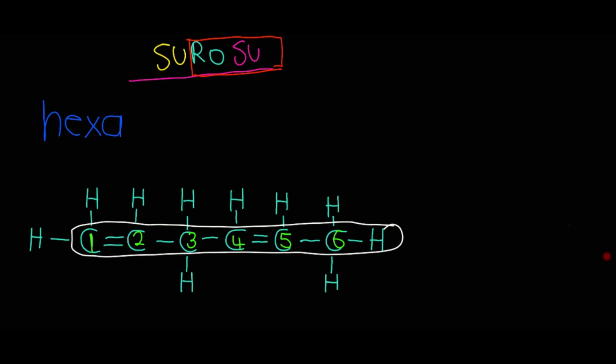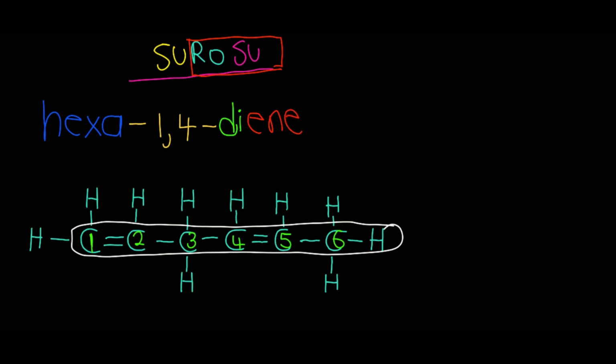So now let's specify the position of the double bond. We find a double bond in carbon 1 and then also in carbon 4. But because there are two double bonds, we say di, and then from there the suffix becomes ene.